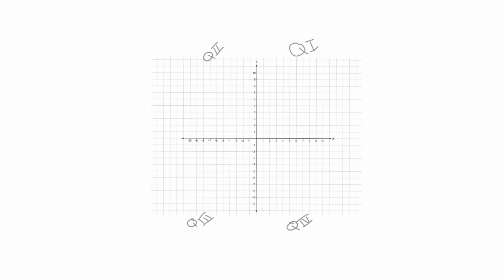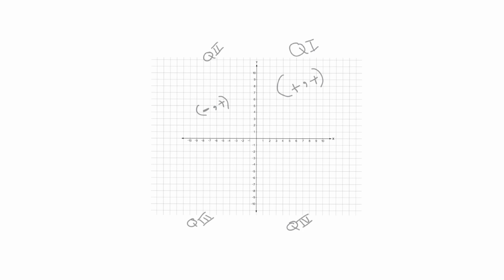Now you might be getting that this quadrant is formed out of a positive x along with a positive y. This quadrant is formed out of a negative x along with a positive y.